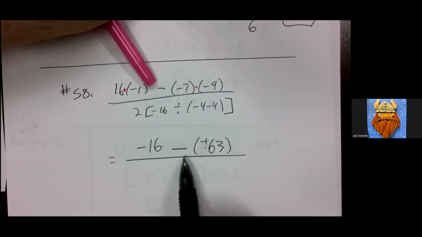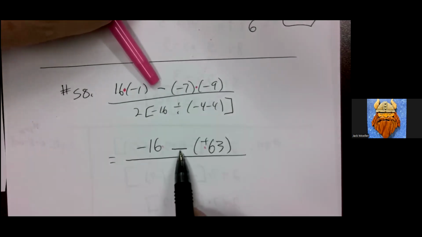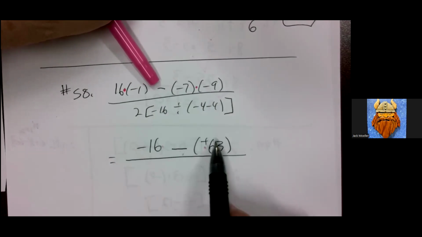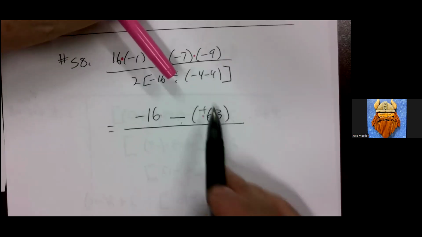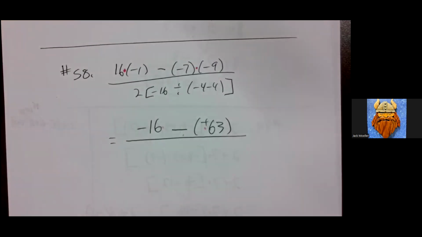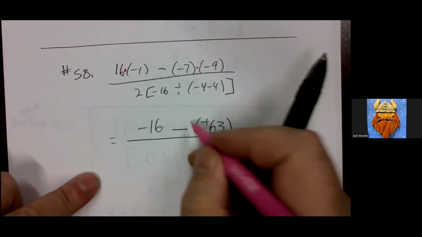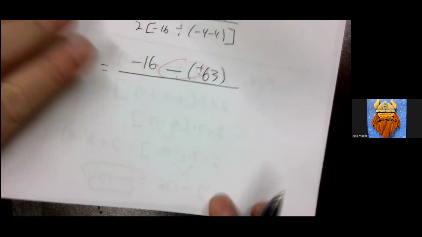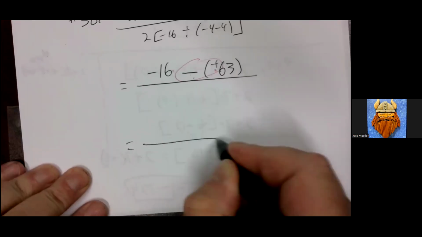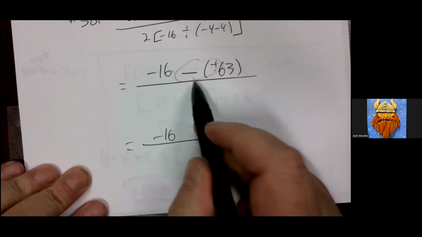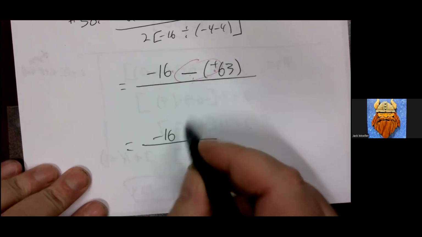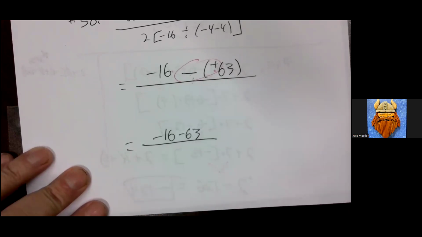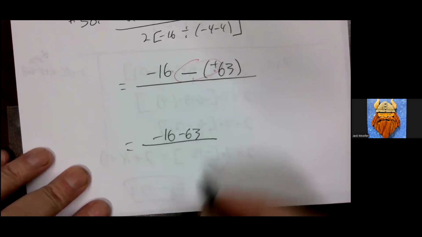The subtraction just comes down, and the positives and negatives came out to whatever they came out to. Now we do have a double negative. So what I would do there is, the opposite of a positive 63 is a negative 63. So that really means -16 minus 63.